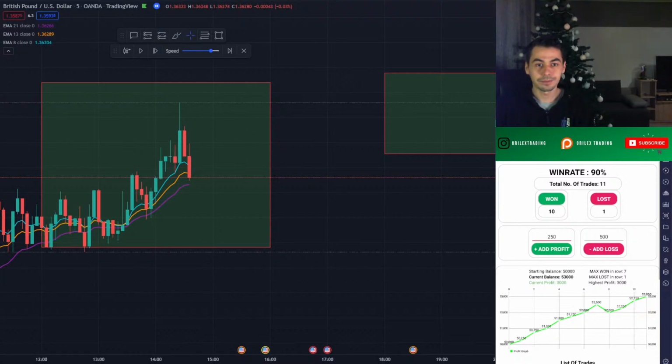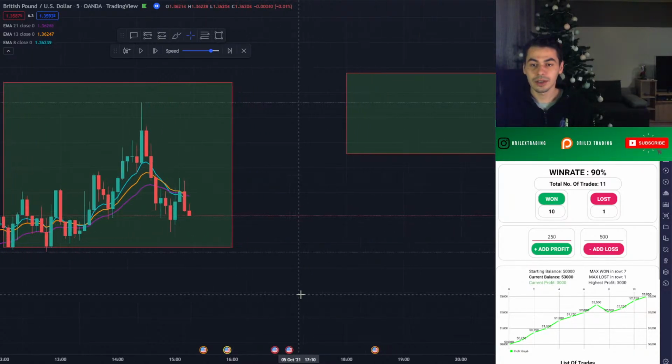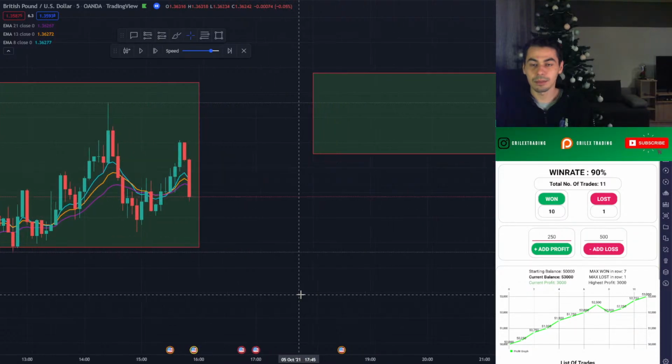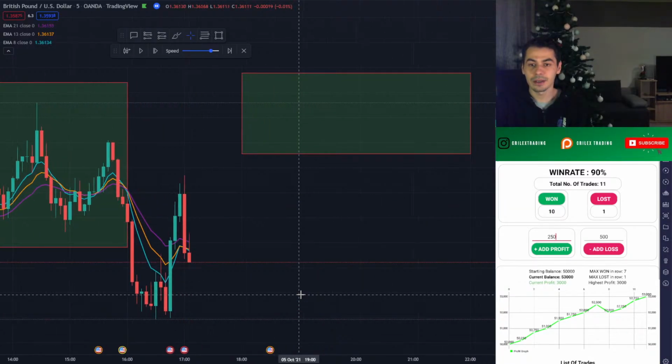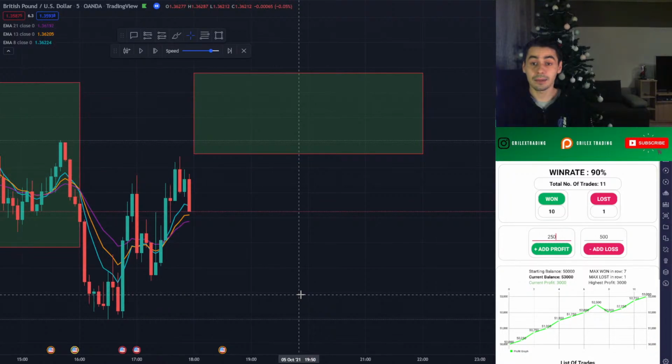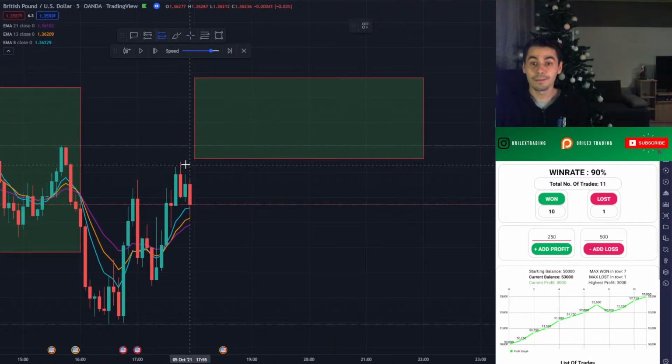Okay, moving on. Now there are some candles that closed below the 21 EMA here as well, so we will disregard any potential trades that may take place. But right now, I think this is a nice place to put your trade, because the EMA is quite fanned out.